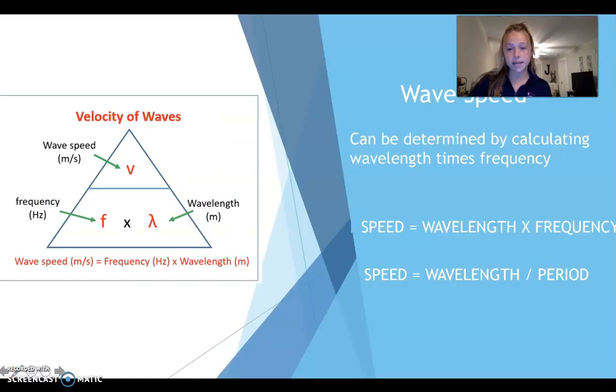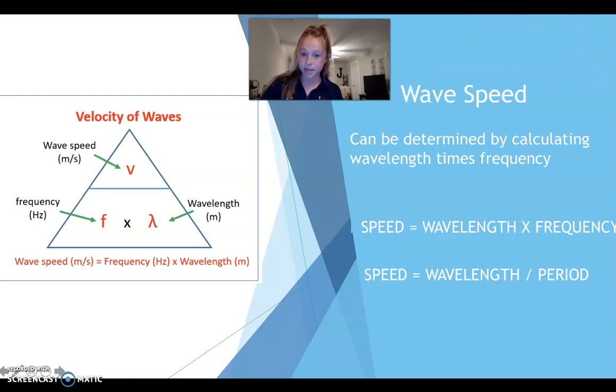All right, let's get into wave speed. It can be determined by calculating the wavelength times the frequency, or it can be the wavelength divided by the period. So there's our little triangle. Wave speed is going to be v.